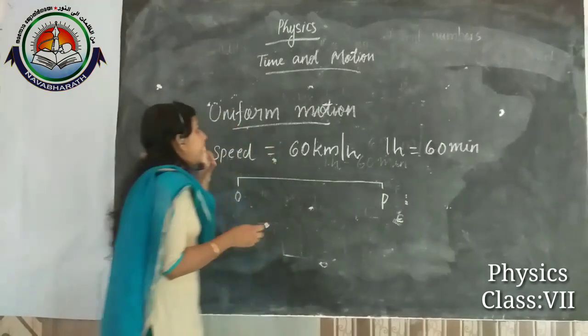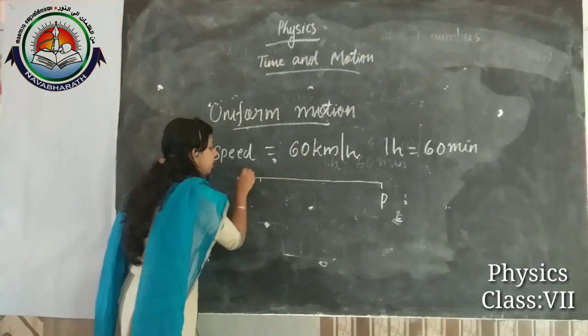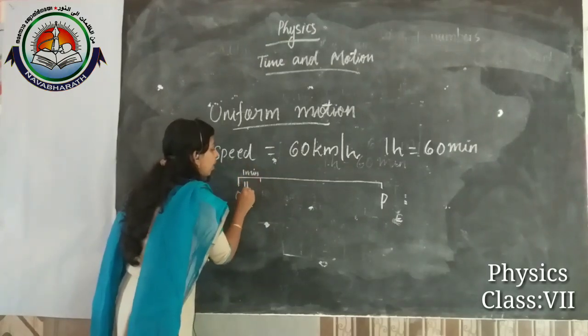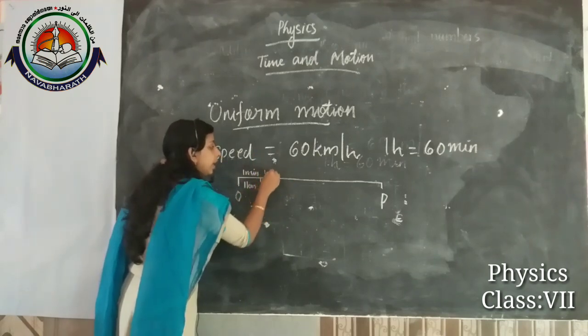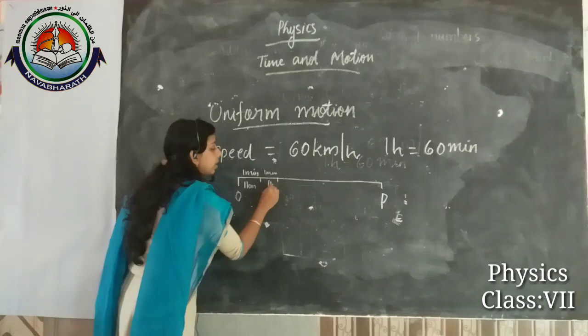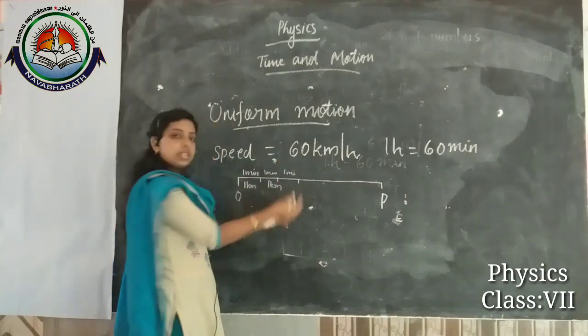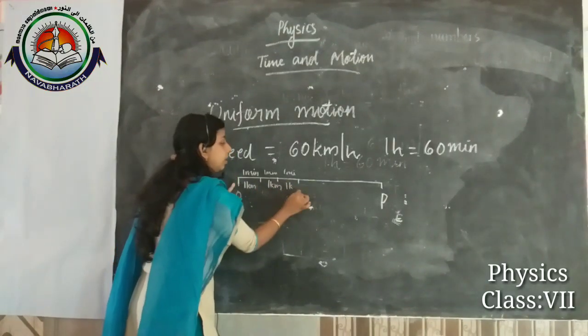So if it is uniform motion, in 1 minute this bus covers 1 kilometer, and in the next 1 minute again it covers 1 kilometer, and in the next 1 minute it covers 1 more kilometer from the initial position. So in total 3 kilometers.